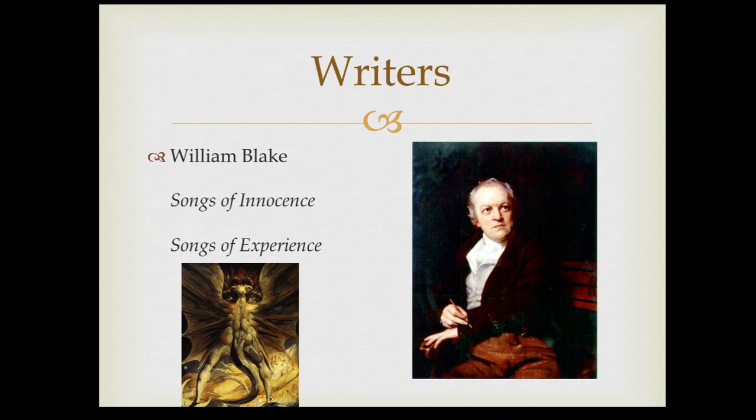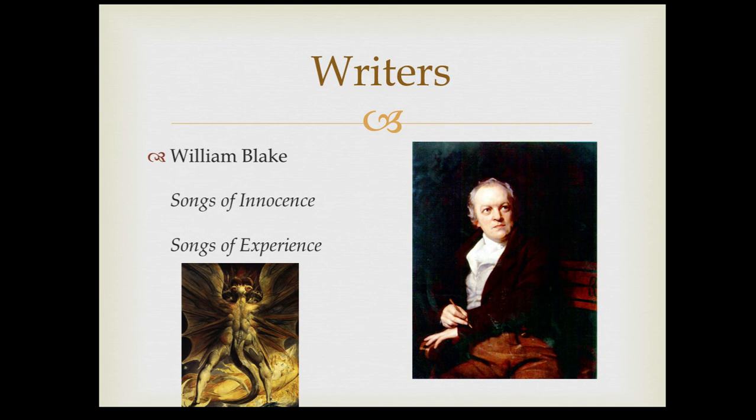We can talk about some writers here. Mr. William Blake, who's a Brit, has written a lot of things, among others, Songs of Innocence and Songs of Experience. Blake was not only a poet, he was also an artist, which is seen by this lovely painting at the bottom. You might recognize it from the film Red Dragon.